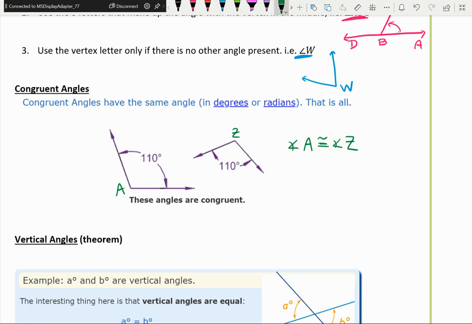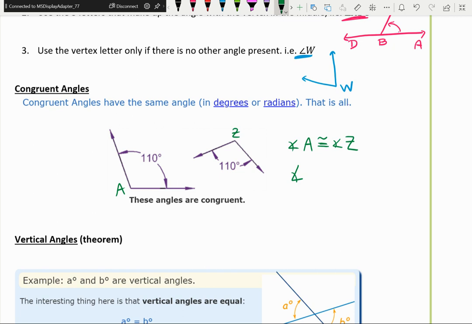Some reminders: the congruent symbol looks like an equal sign with a little wave on top. I always draw my angle marks with an arc across them, because sometimes when I'm writing fast and I write an angle mark like that, it looks like an L. So I always draw an arc on it so that it's clearly an angle mark.